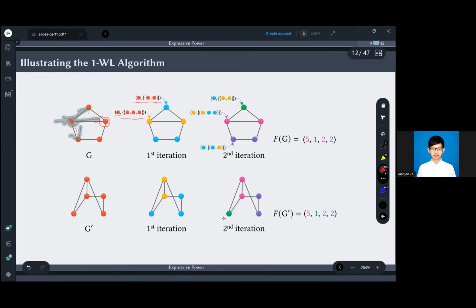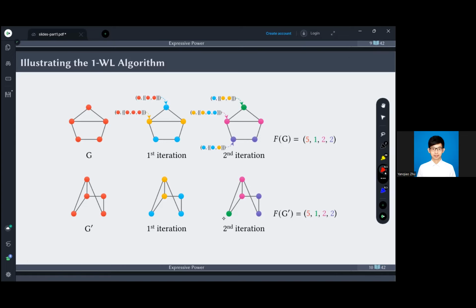Like I said before, we map those representations to new colors, right? So we map the first one to blue, and we map the other to yellow. This basically finishes the first iteration, and we will get three blue nodes and two yellow nodes by the end of the first iteration, and similarly for G prime. After the first iteration, we repeat the above approach.